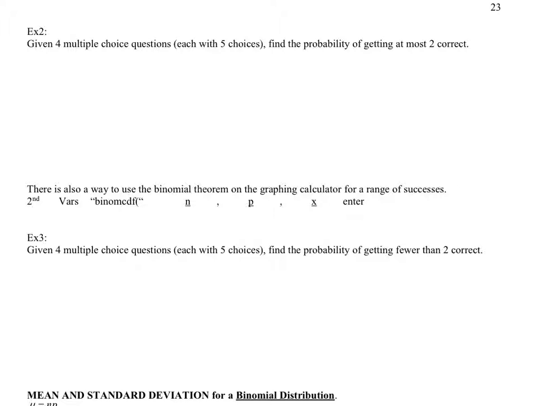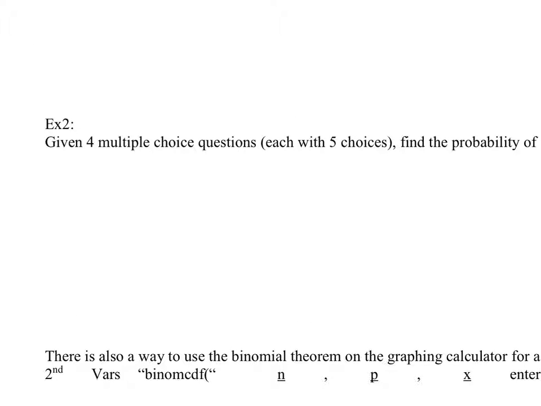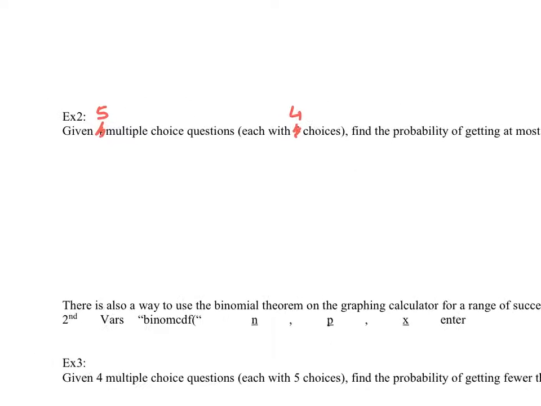So, example 2 is talking about the probability, and again, same typo, 5 questions, 4 choices. Find the probability of getting at most 2 correct. All right.